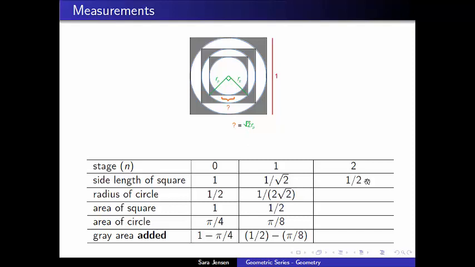Once we have a value of 1/2 for this new side length, the radius in this column will be exactly half of the side length of the new square. We can then plug in those values to general area formulas to find the area of the square, the area of the circle, and the total area added at this stage by subtracting those two things.